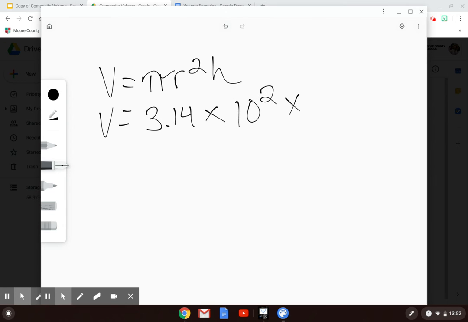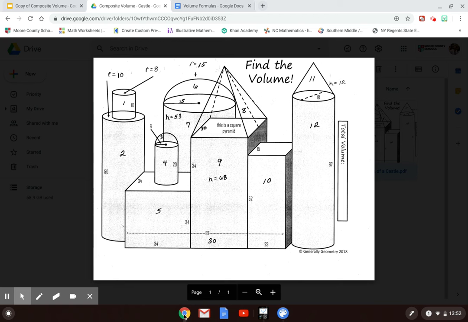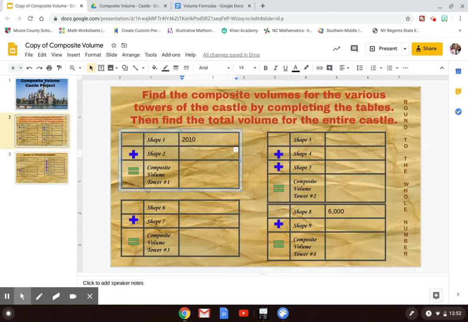And then times my height, which was 50. So that comes out to 15,700.